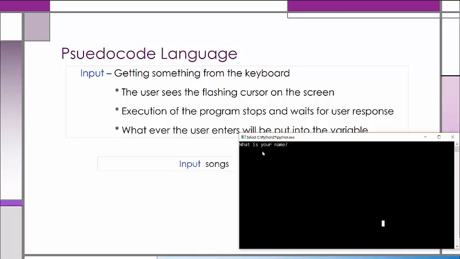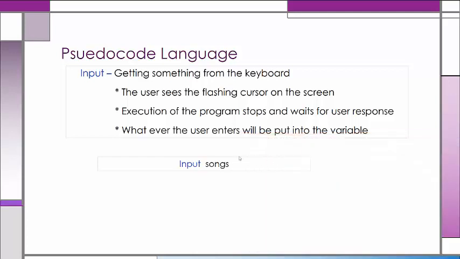When the user hits enter, whatever they put in on that keyboard then is going to go into the variable that I put next to the word input. So input says, get something from the user, whatever value is returned, put that into songs. So this is a way for us to get information from our user that we can utilize in our code later on. Okay?